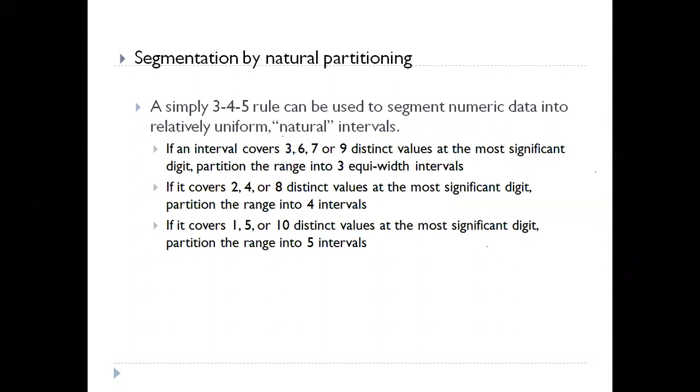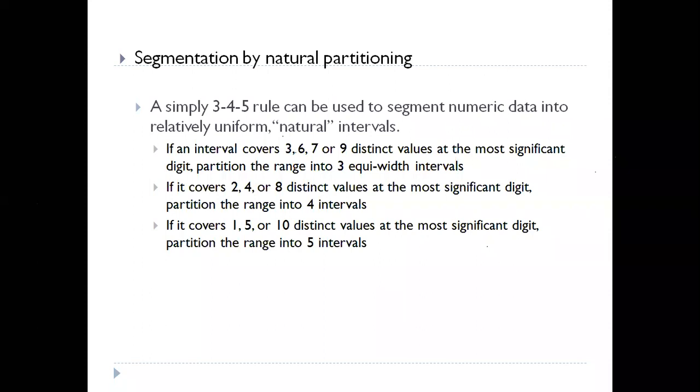If an interval covers 3, 6, 7 or 9 distinct values at the most significant digit, partition the range into 3 equal-width intervals. That is, I want to take the intervals as 0 to 10, 10 to 15, 15 to 18. So this we call the 3-4-5 rule.